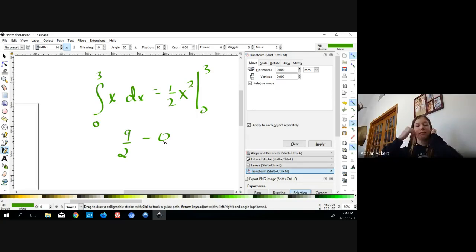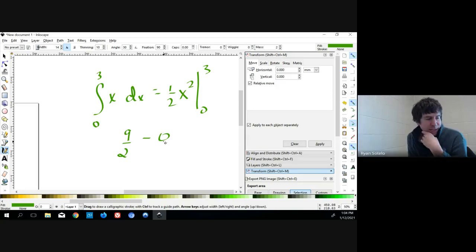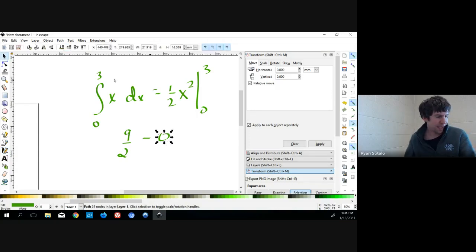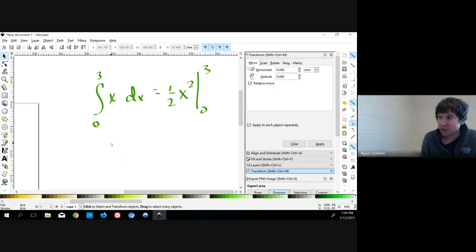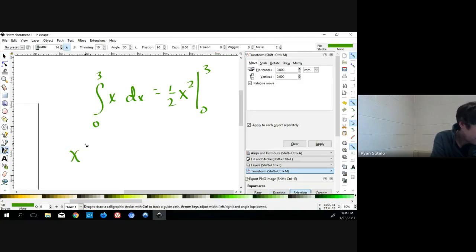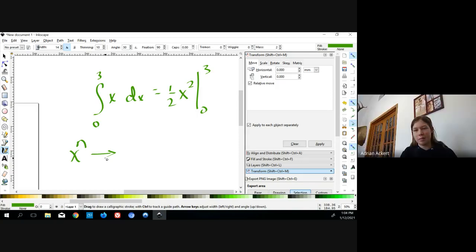All right, so the rule for polynomials, let me just go through that. If I was taking derivatives with the power rule, x to the n, what's the power rule again? n x to the n minus 1.